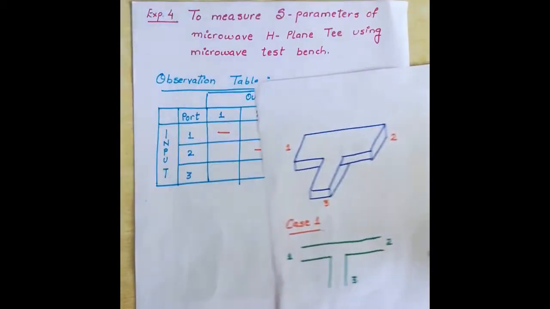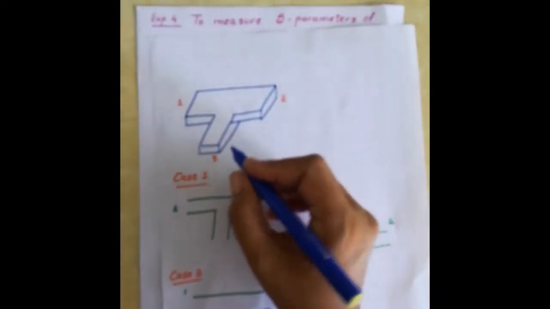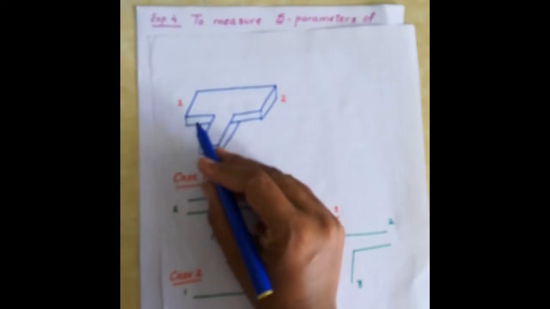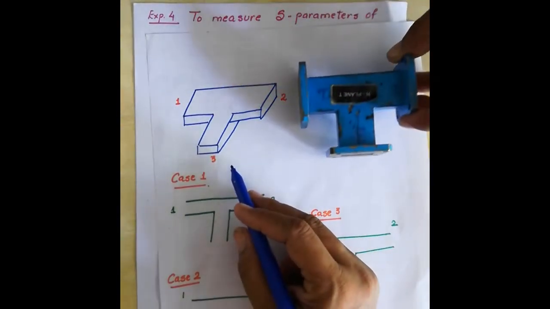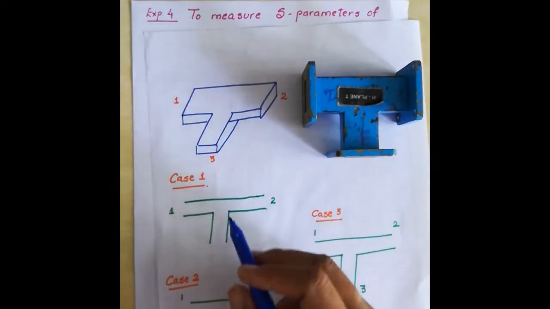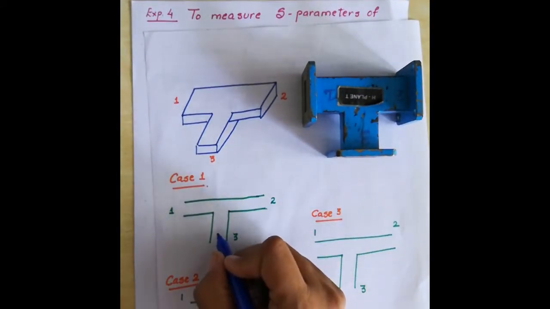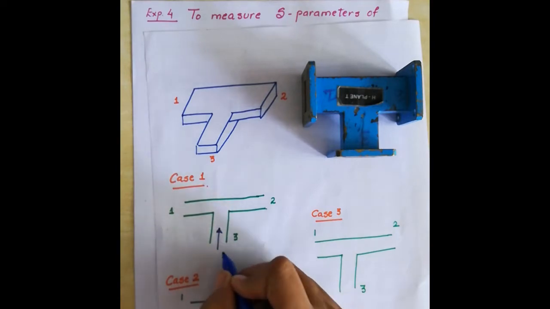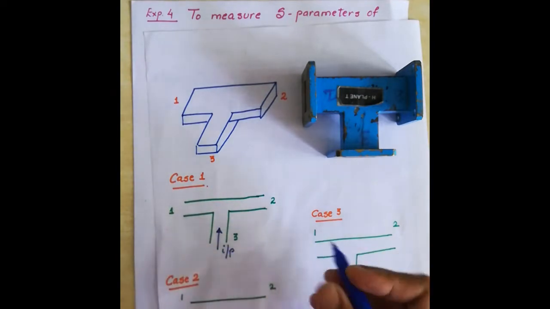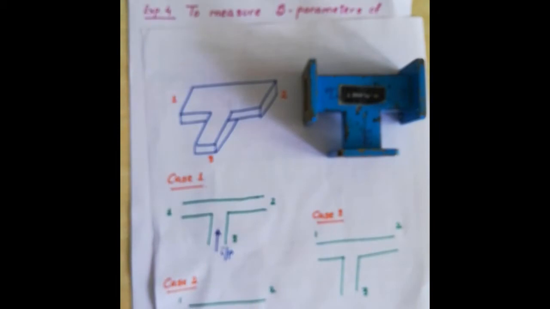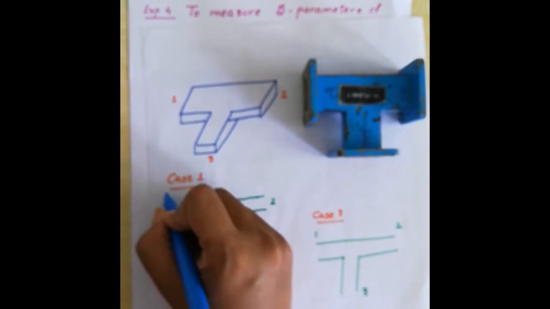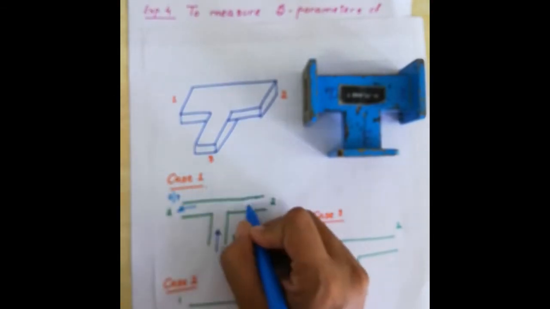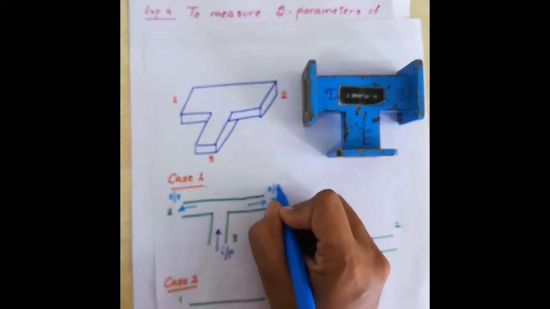In this H-plane T, I have port number 1, port number 2 and port number 3. So let us study the cases. If I give input from port number 3, I get output from port number 1 and port number 2.